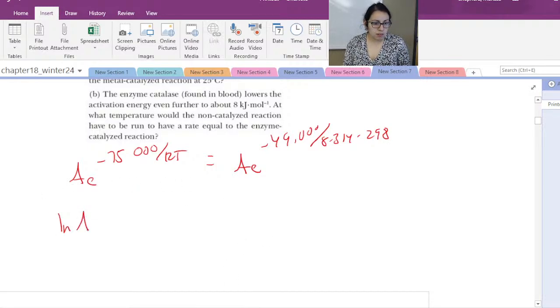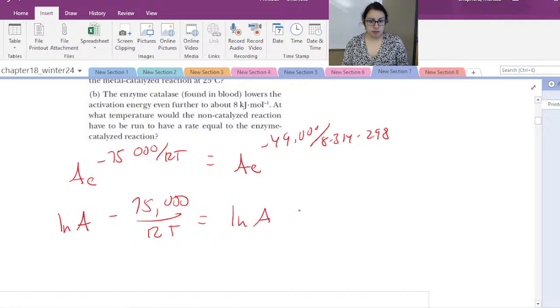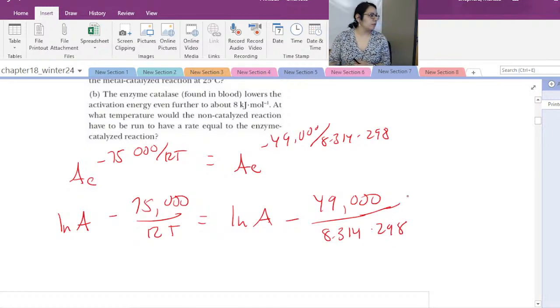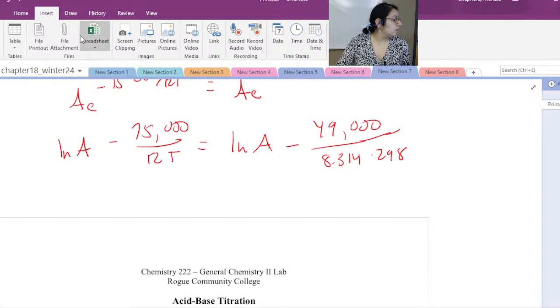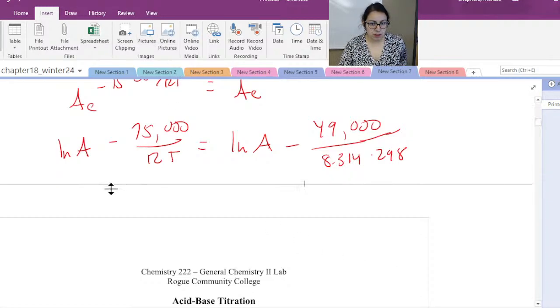So we get natural log of A minus this stuff over RT is equal to ln, minus, and so then we just need to solve.